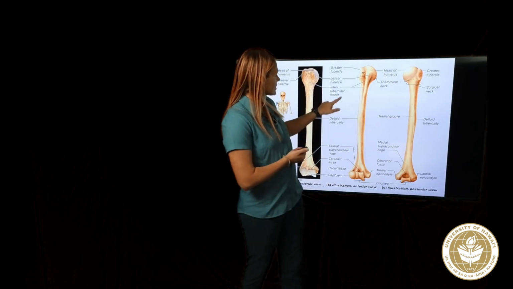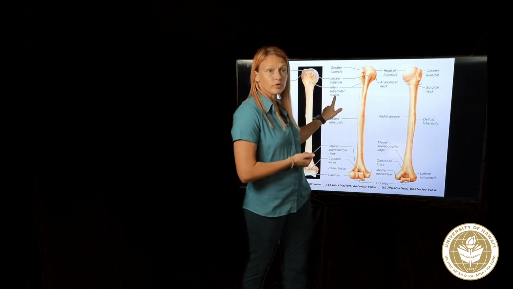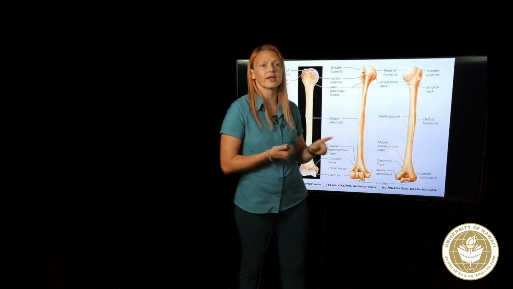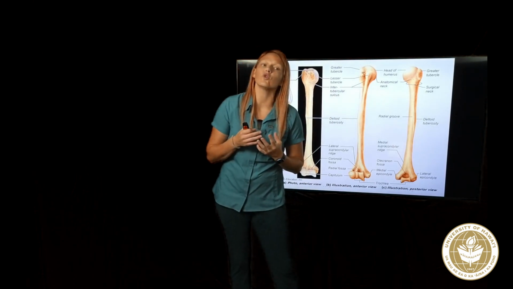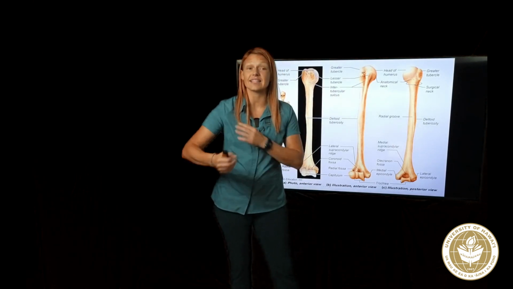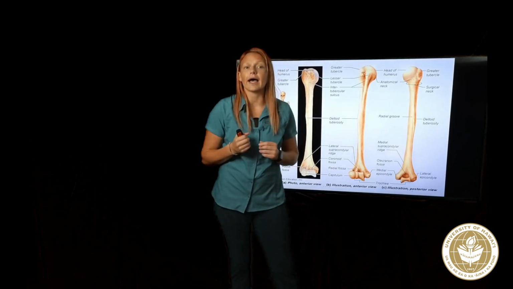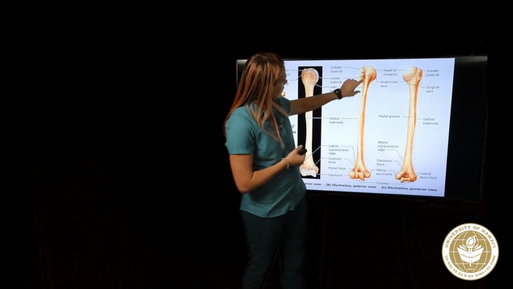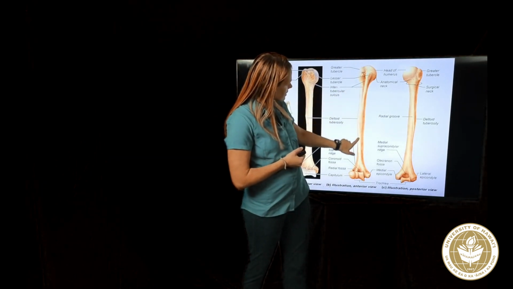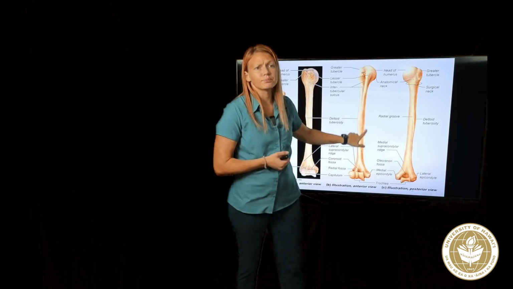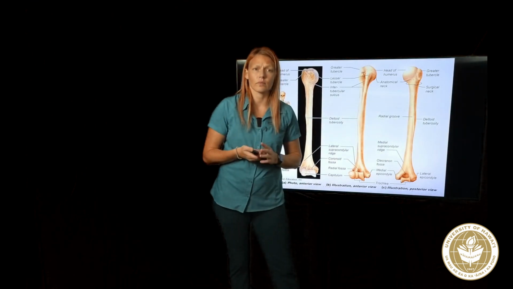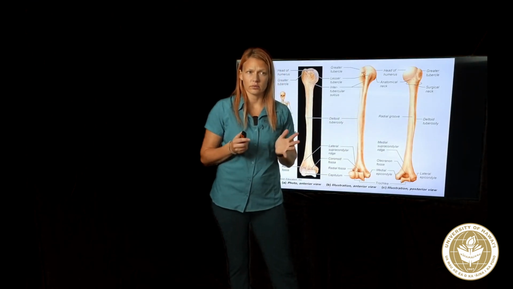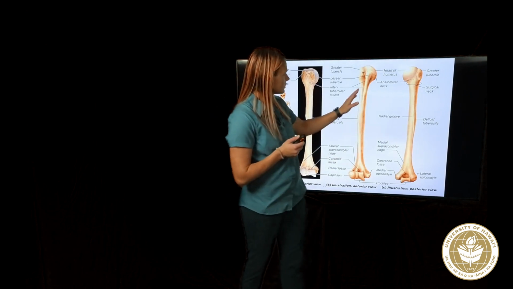We also have this intertubercular sulcus right here. That's going to be a groove that actually guides the tendons of your bicep right here to attach to the glenoid cavity. Then if you move down this, you see what's known as the surgical neck region.